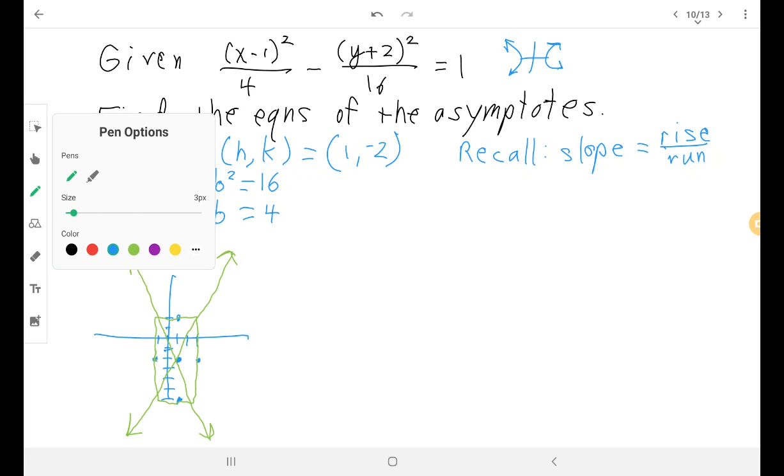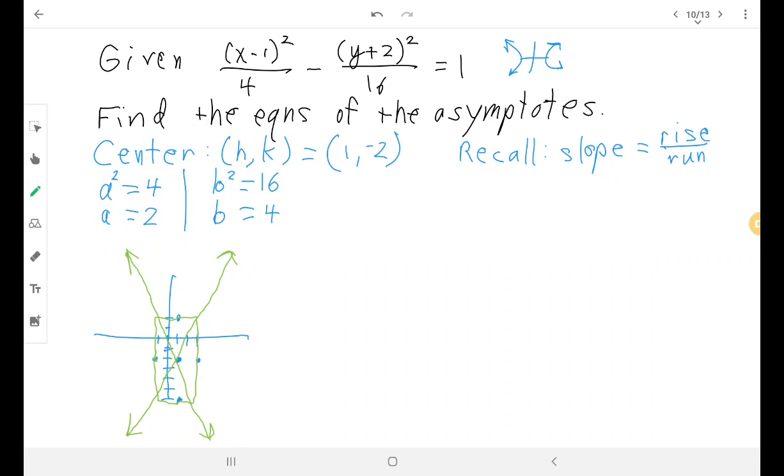And the reason I'm looking at that part of it, and I'll do this in red on the graph, is because if I go from the center to these two defining points, remember, this is the a distance, this is the b distance, right? And I know those. I know that the a distance is 2. I know that the b distance is 4.